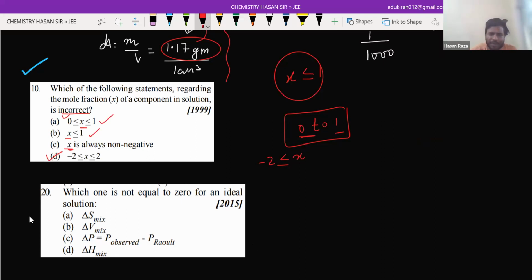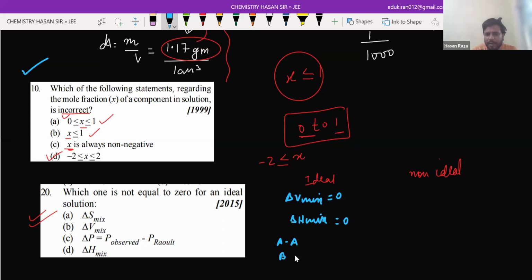By the way, this question is very, very easy. This is your ideal and this is your non-ideal, right? In between, I will explain the concept also, as I told you. In ideal, delta V mix will be equal to 0, delta H mix will be equal to 0, and the force of interaction between AA and BB after mixing will be equal to the force of attraction of AB.